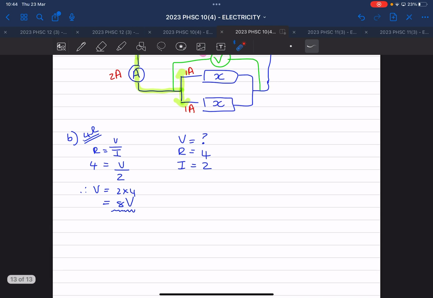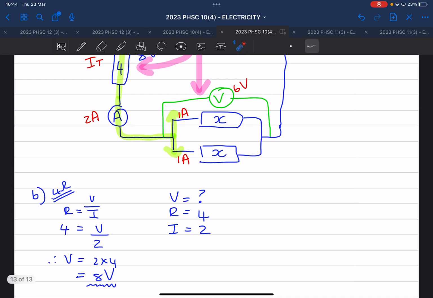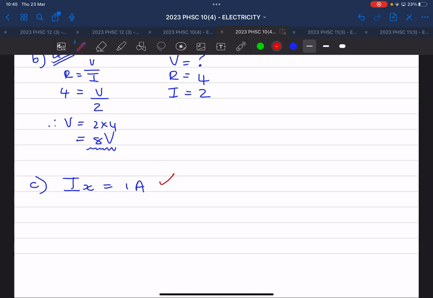All right. Question C. They ask, calculate the current through each parallel resistor. And we already did that. We said, okay, the current will split up 1 ampere, 1 ampere. So we are going to say the current through X, the current through the unknown resistor, is 1 ampere. You write it like that if it counts 1 mark.